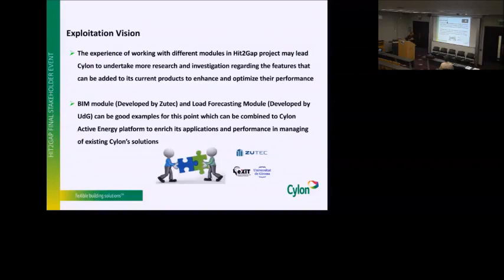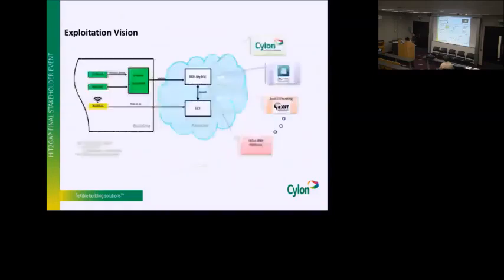The success stories, the BIM module developed by Zootech and the load forecasting developed by UDG are good examples for where Cylon Active Energy may be able to enrich what it does. It's areas that we don't currently cover with Active Energy. So we're now looking at those and saying, are they things that we can actually partner with these companies and increase our offerings to customers?